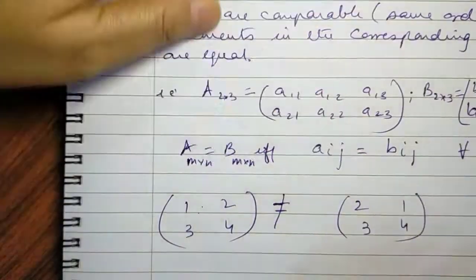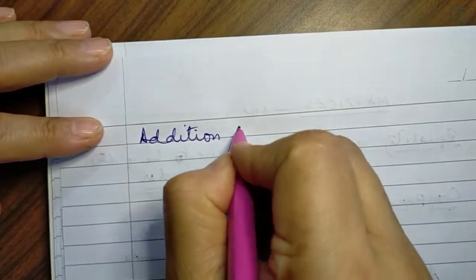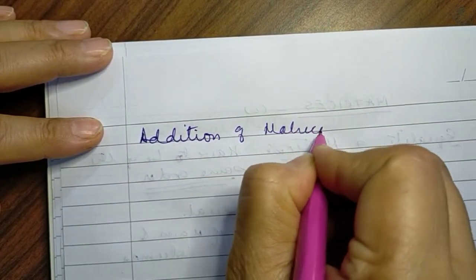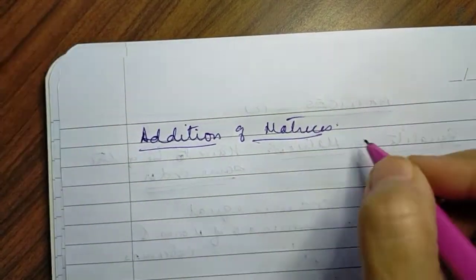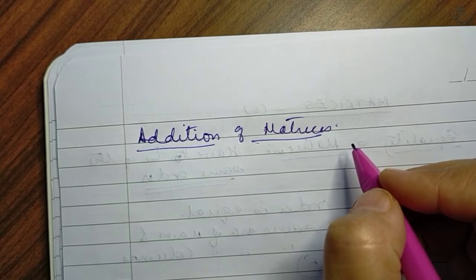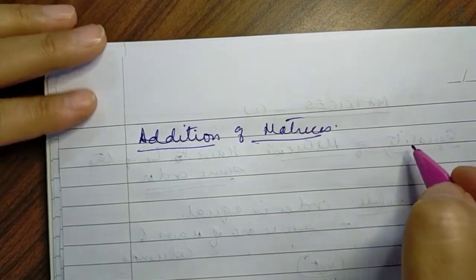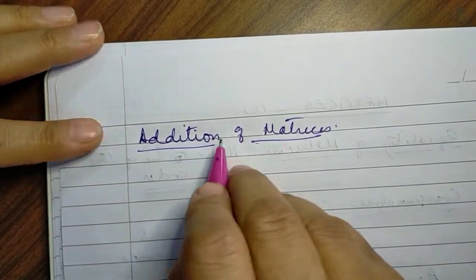Now we come to the next thing, the addition of matrices. We start with the operations, that is addition of matrices. Again, addition and subtraction is possible only if the matrices are comparable to each other.